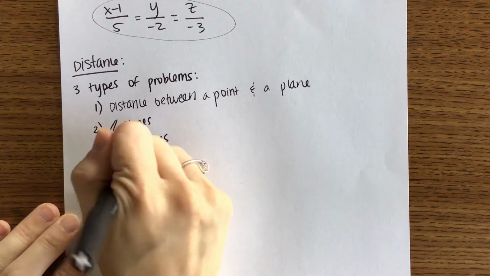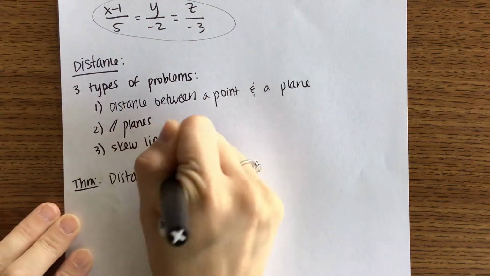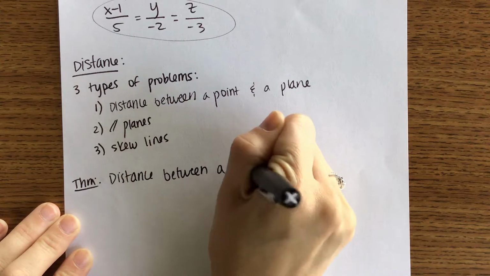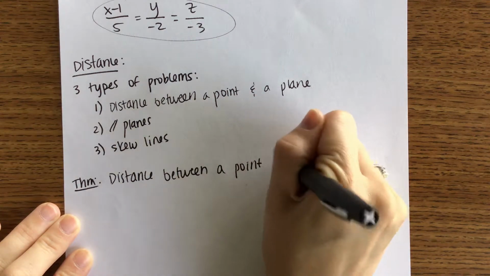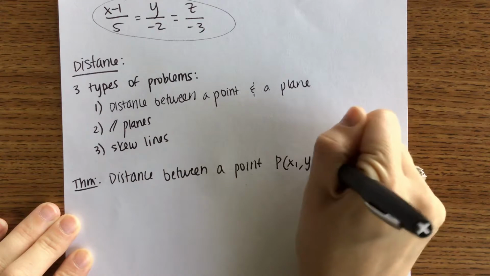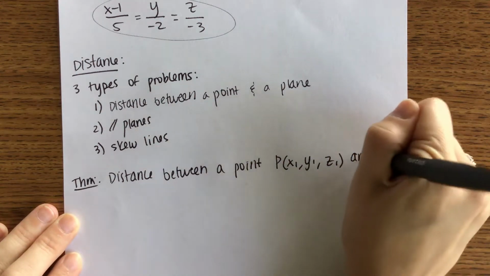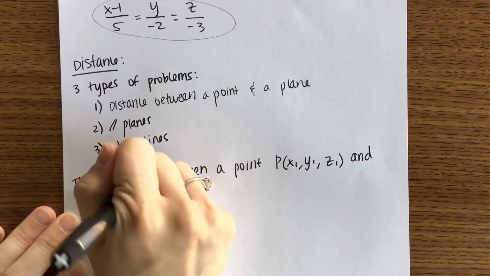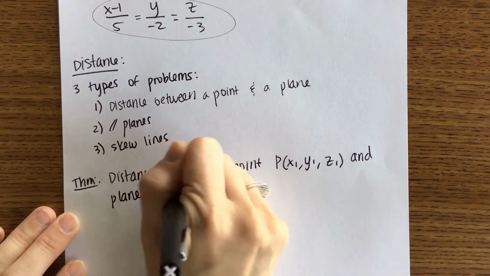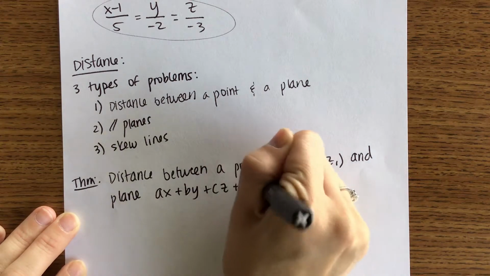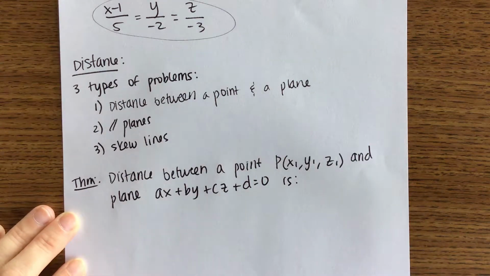So here's the theorem. The distance between a point, we're going to call that point P of x1, y1, z1, and a plane, ax plus by plus cz plus d equals 0, is given by the following equation.